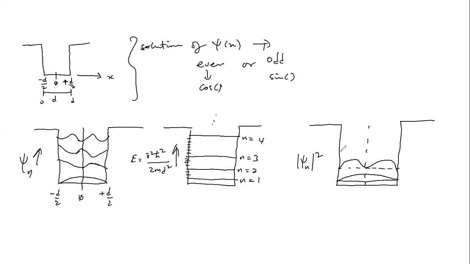Then at the third energy level, we are going to have the 1, 2, 3. Then at the fourth energy level, we are going to have 1, 2, 3, 4. Okay. So this gives us a brief description of what we get in the well.